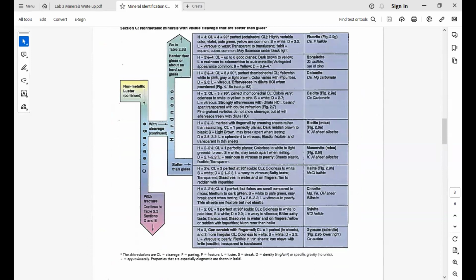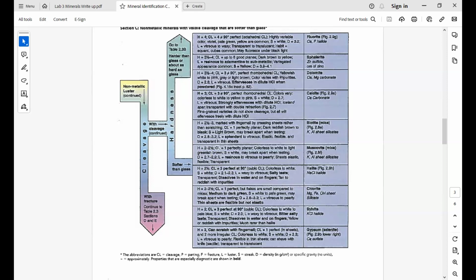Colorless to white for color, that doesn't work. So it's not that. Hardness of 2, cleavage of 3, perfect at 90, that doesn't work. Hardness of 2, 2.5, cleavage of 1, perfect, but flakes are small compared to micas. Medium to dark green, that doesn't work. Hardness 2.5, cleavage 3, perfect at 90, that doesn't work.